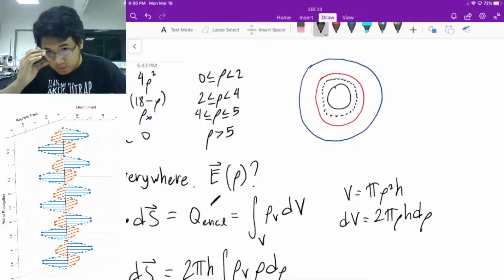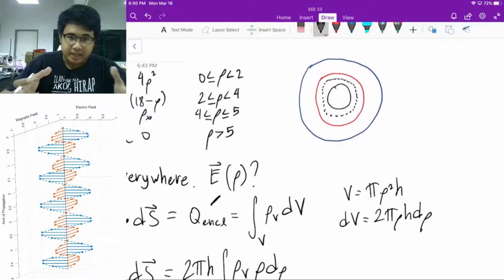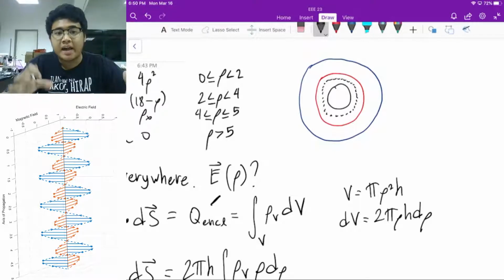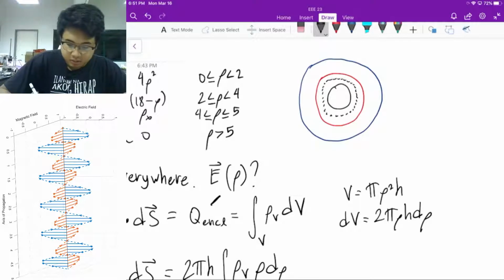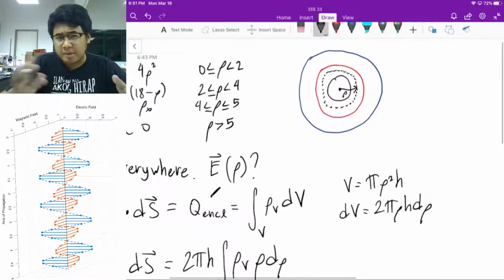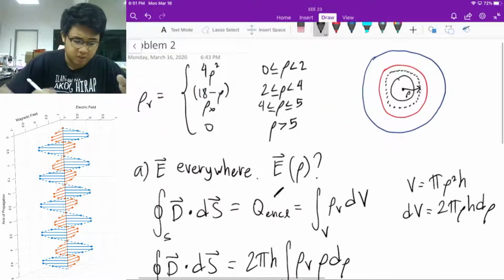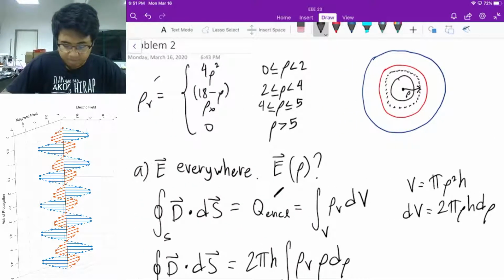Right, there you go. So that dashed line is a cylinder of height h and some arbitrary radius rho. Okay, so let me just write that. There you go. And it encloses an amount of charge, depending on the volume charge density.